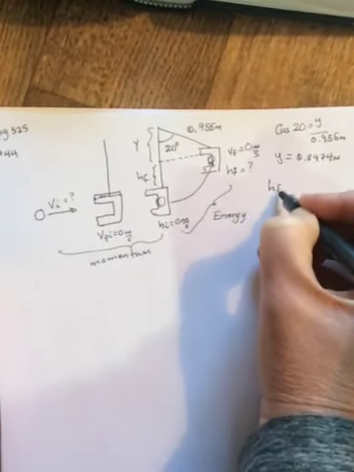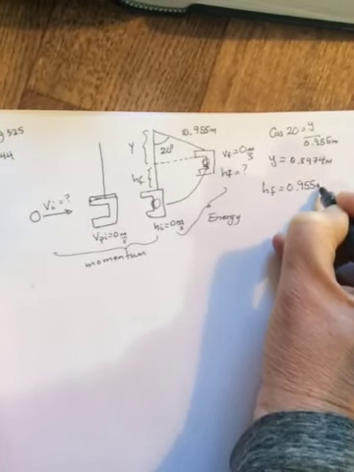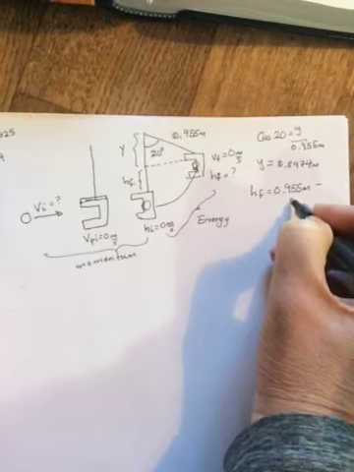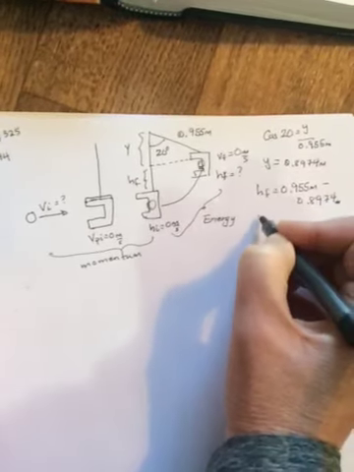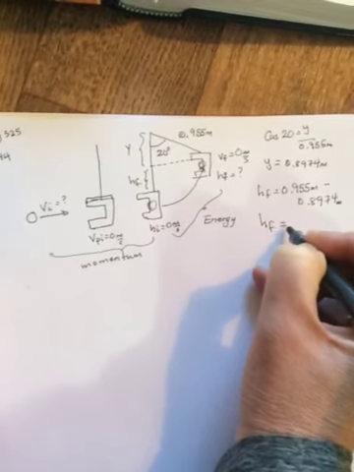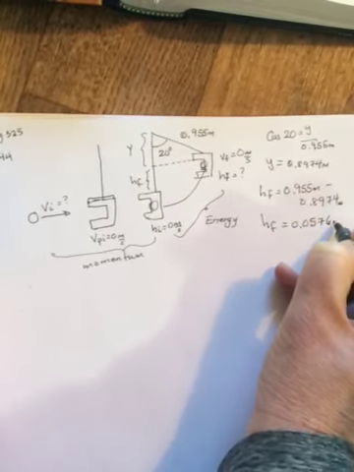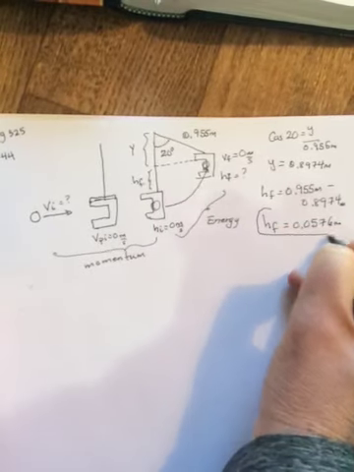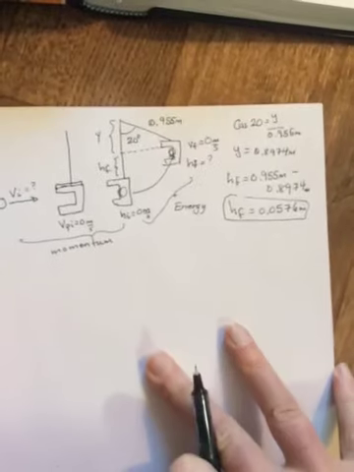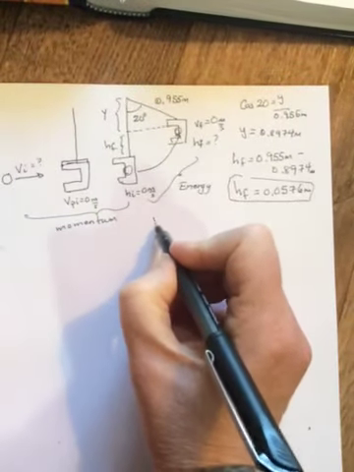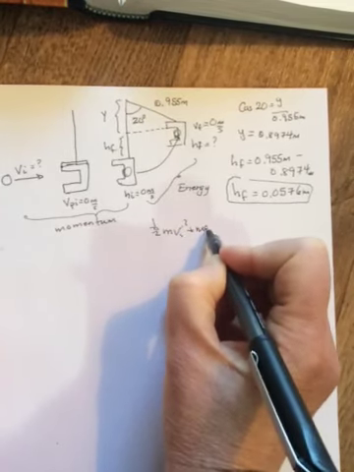So that means the rest of the rope is our h_f. Our h_f will be 0.955, our length, minus the 0.8974 meters. And so our h_f is going to be 0.0576 meters. And now we can use this in our energy. So 1/2 mv initial squared, plus mgh initial, plus 1/2 kx initial squared, is equal to 1/2 mv final squared, plus mgh final, plus 1/2 kx final squared, plus E lost.